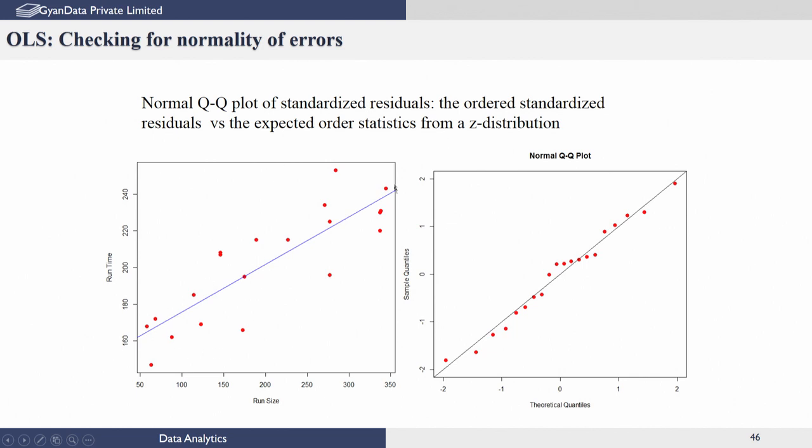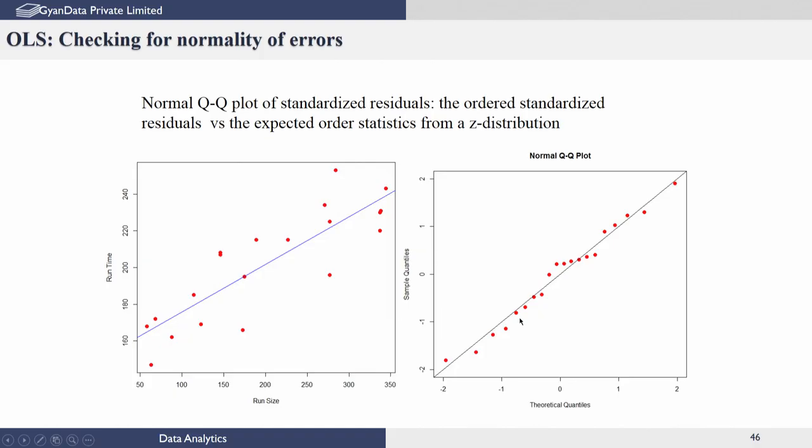If you do the normal QQ plot for the residuals after fitting the regression line, it seems to closely follow the 45-degree line. So, the theoretical quantiles computed from the standard normal distribution and the quantiles computed from the standardized residuals follow the 45-degree line, and therefore in this case we can safely conclude that the errors in the data come from a normal distribution.